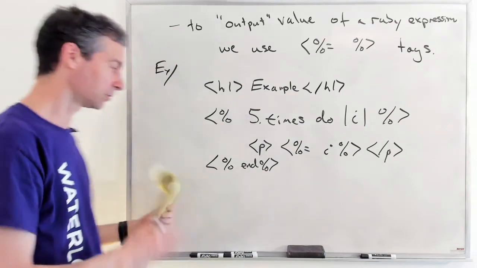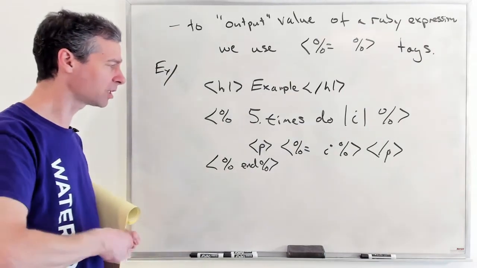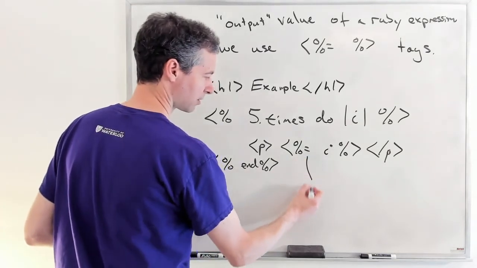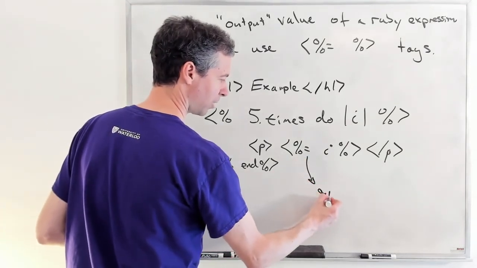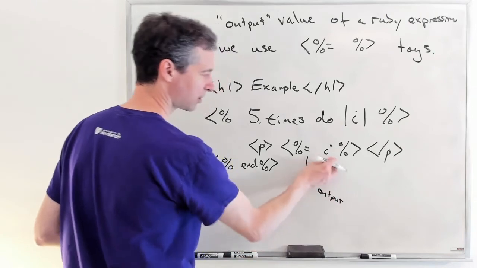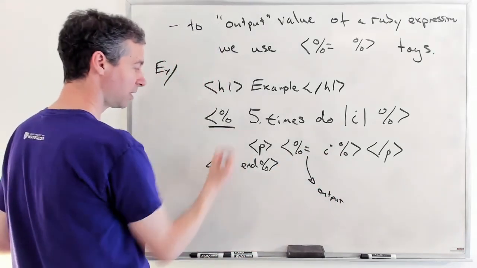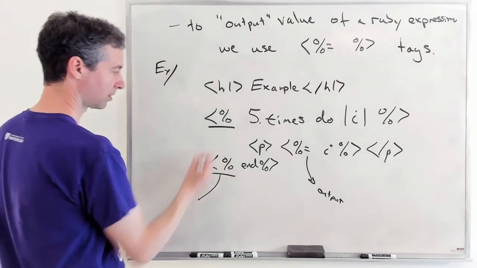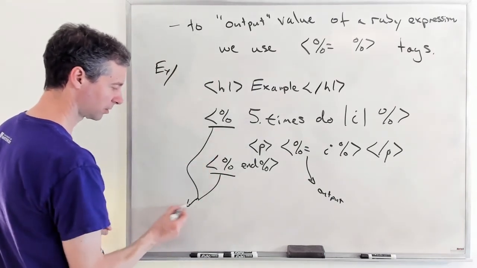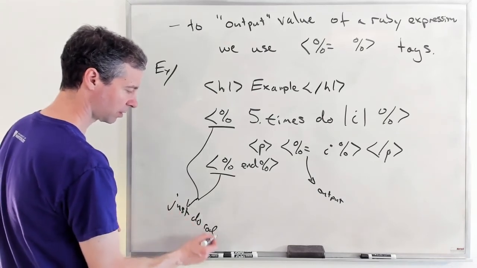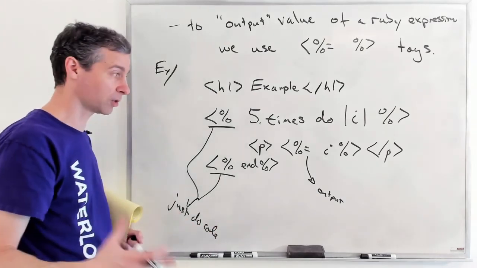One thing I want to note is you really need to distinguish between this, which is to do output, so to speak, take this value and turn it into a nice string, and these, which just do the code. There's no output with them, okay?